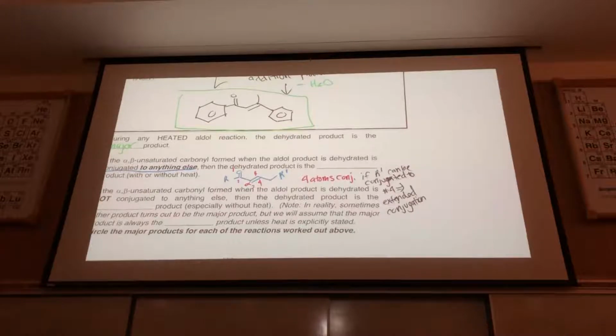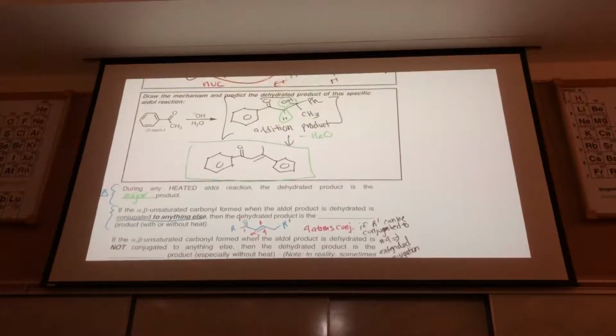Okay, so if R prime, when it gets attached, we look at it and we discover, hey, it's even more conjugated now. Do you think it's going to favor addition or dehydration? Dehydration, because in the addition product, there's no conjugation. By dehydrating it, you create a conjugation path.